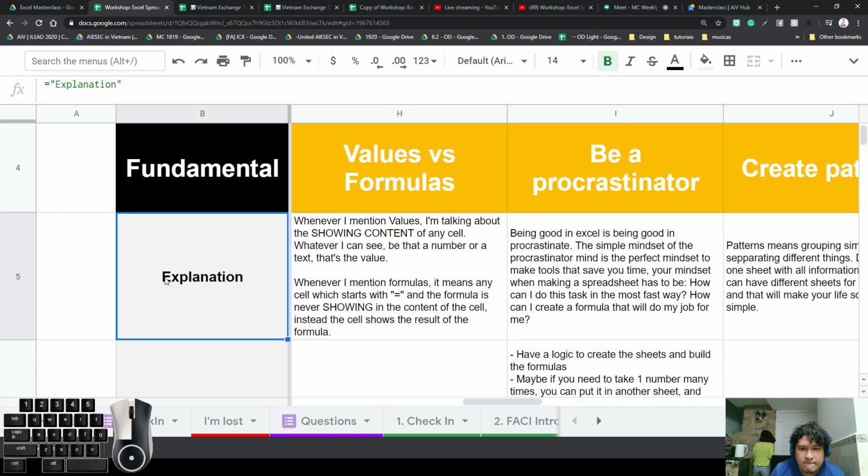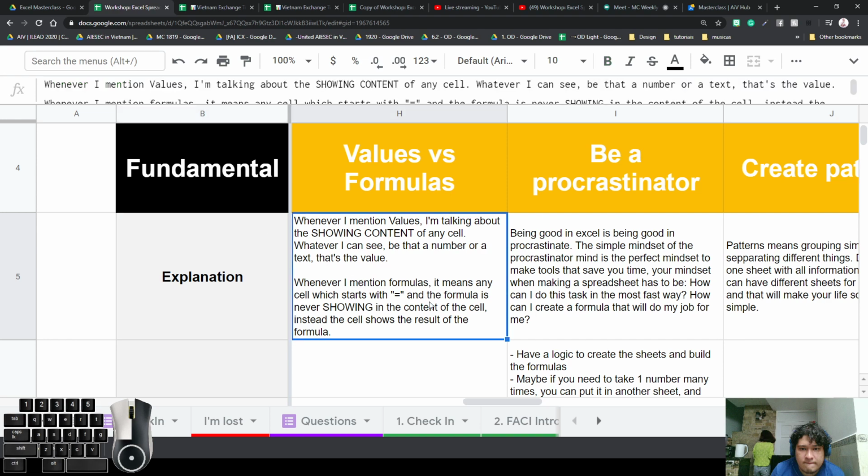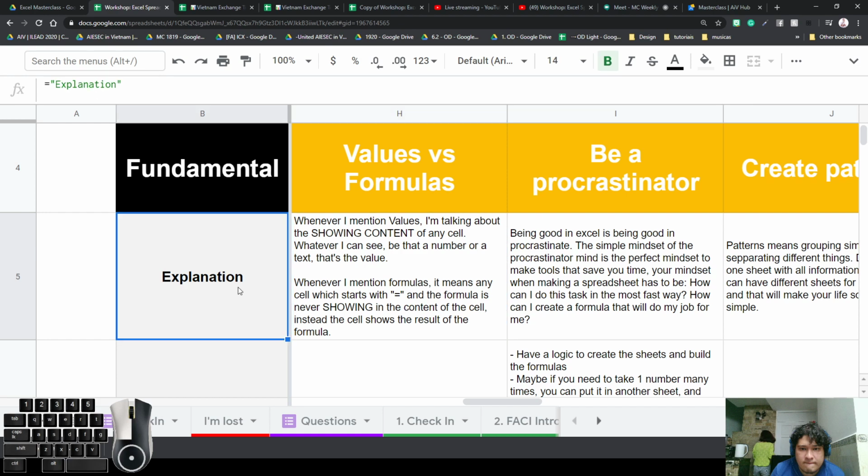This is the most simple formula you can ever create. It's just saying show the word explanation. As you can see, it's explanation. You cannot see the equal sign, you cannot see the little things there. That's because formulas are hidden, they don't show anything. That's going to be important for later, so just be clear on the difference.